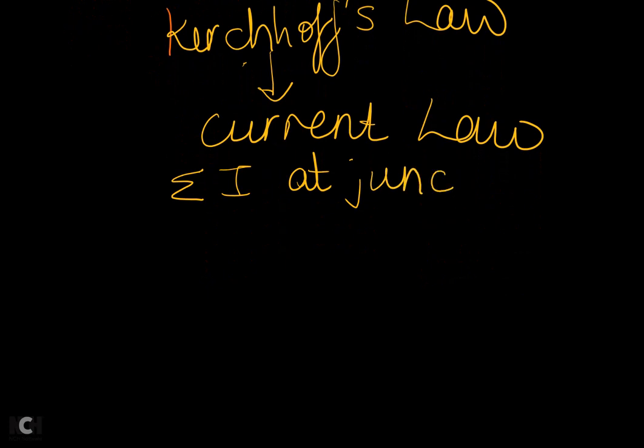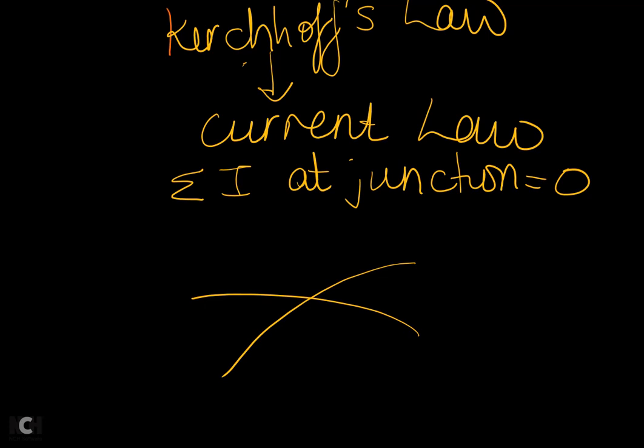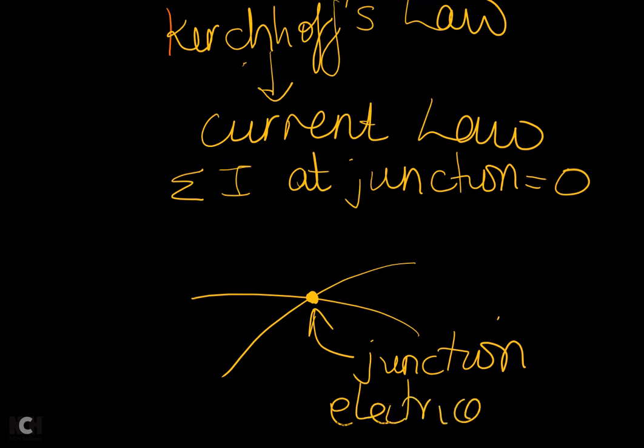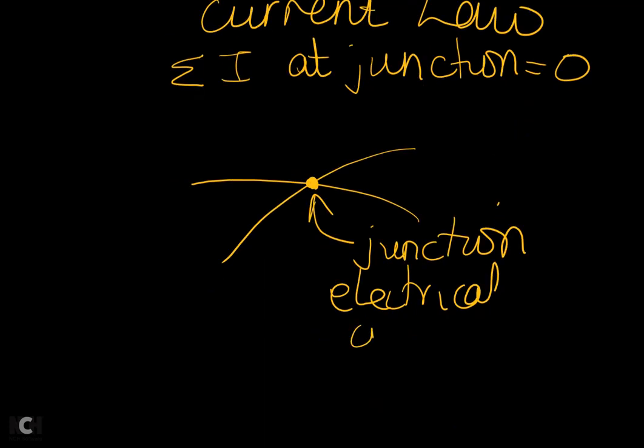What do I mean? Now in physics, when wires cross, that doesn't mean that there is an electrical connection. So for me to show that these wires are electrically connected, there is a junction at this point here. A junction is basically where wires electrically connect.